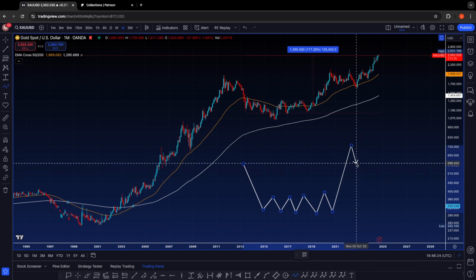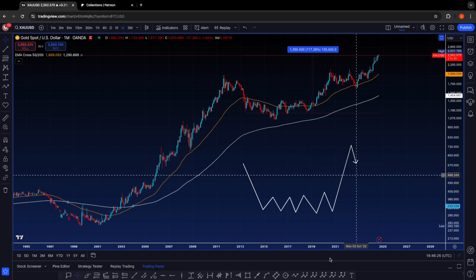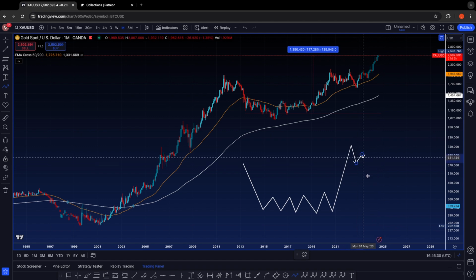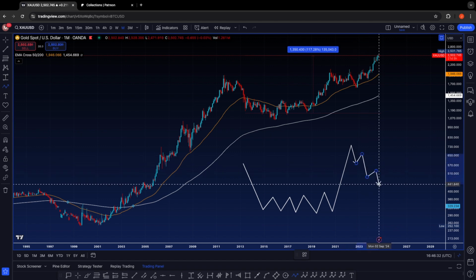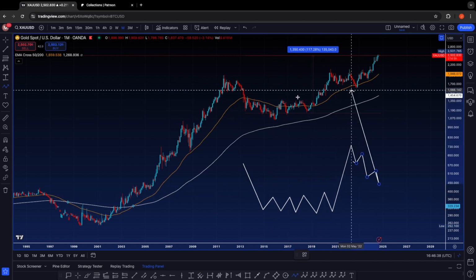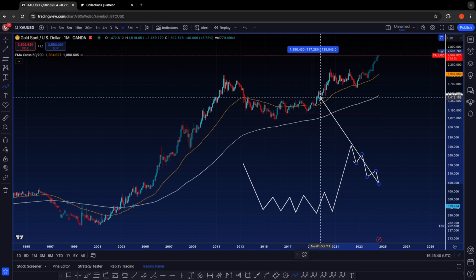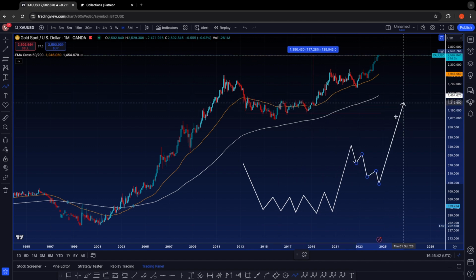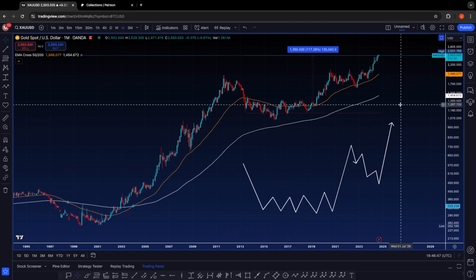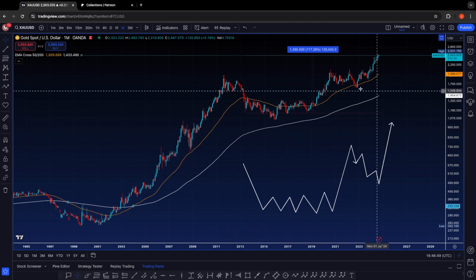Price now wants to come and trade back and get its hand back in that cookie jar. But we don't actually trade right back into that neckline here. We trade right above it. We literally hover right above it. And price breaks out. Now, this is essentially what the pattern would look like.